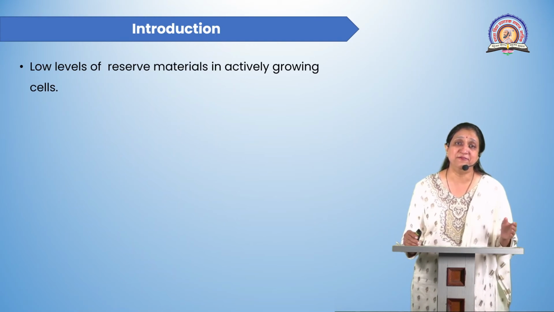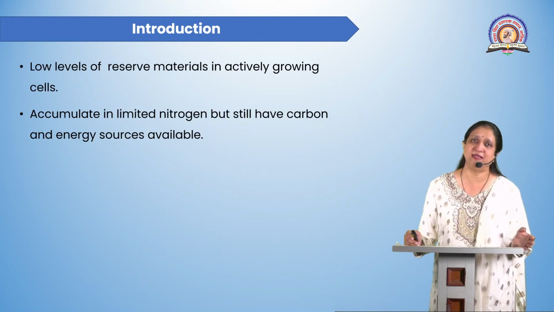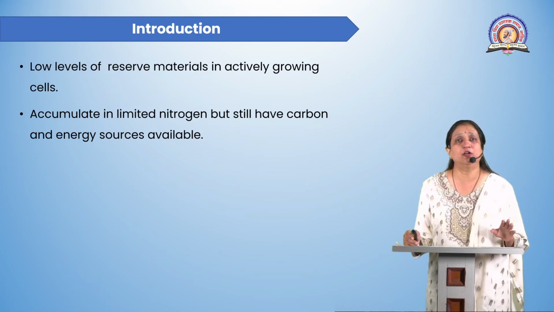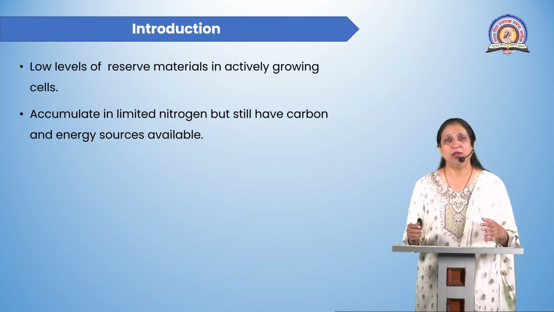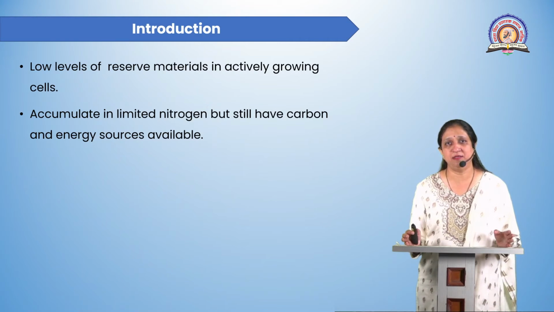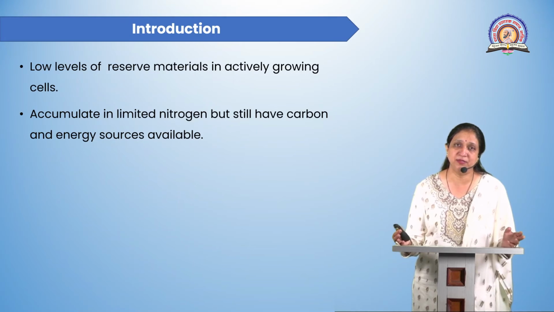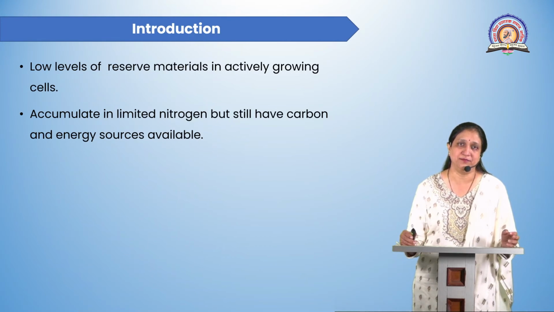But when there is a deficiency of a nutrient in the surroundings, like a deficiency of carbon or nitrogen, the bacteria cannot grow actively in the medium. Because when all nutrients are present in abundance, all the macromolecules can be synthesized abundantly in the cell, and therefore there is active growth of the cell.